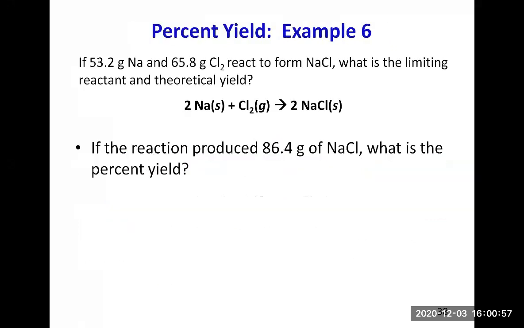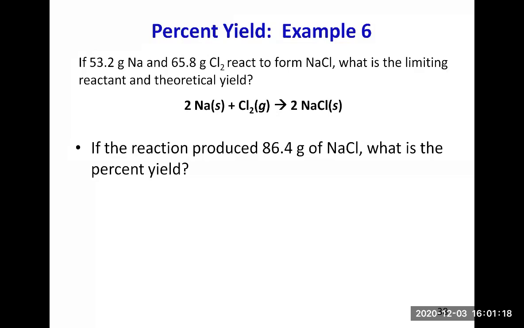So there is this question added to that example, and it's if the reaction produced 86.4 grams of NaCl, what is the percent yield? So that 86.4 grams of NaCl actually produced is what we call the actual yield.